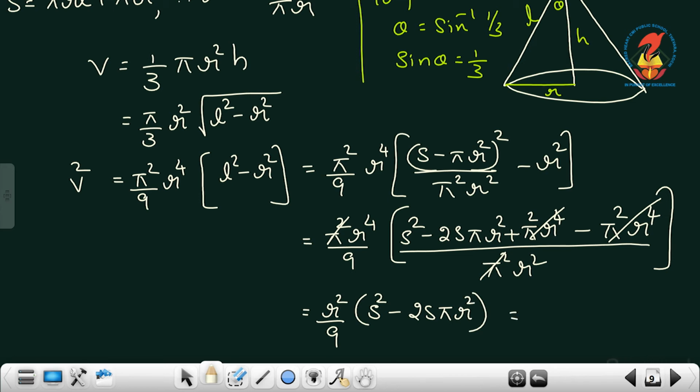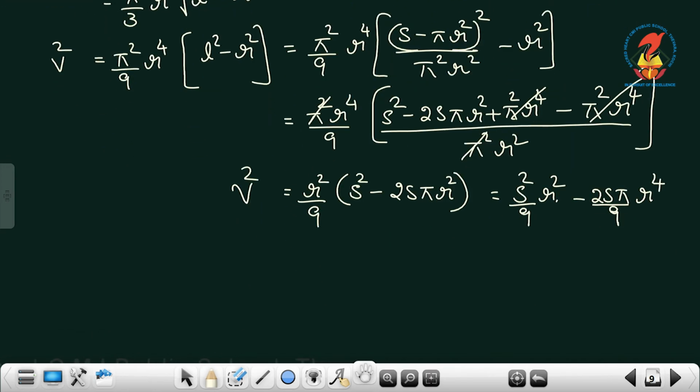Write as two separate terms. S square by 9 into r square minus 2s pi by 9. This much constant. Then r raised to 4. So that is V square. Now the only variable is r. S is a constant.